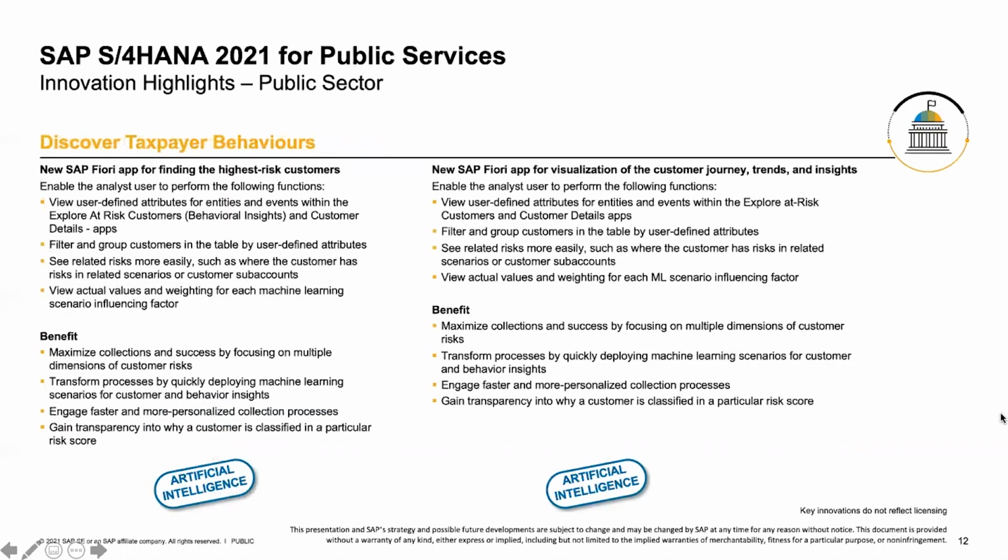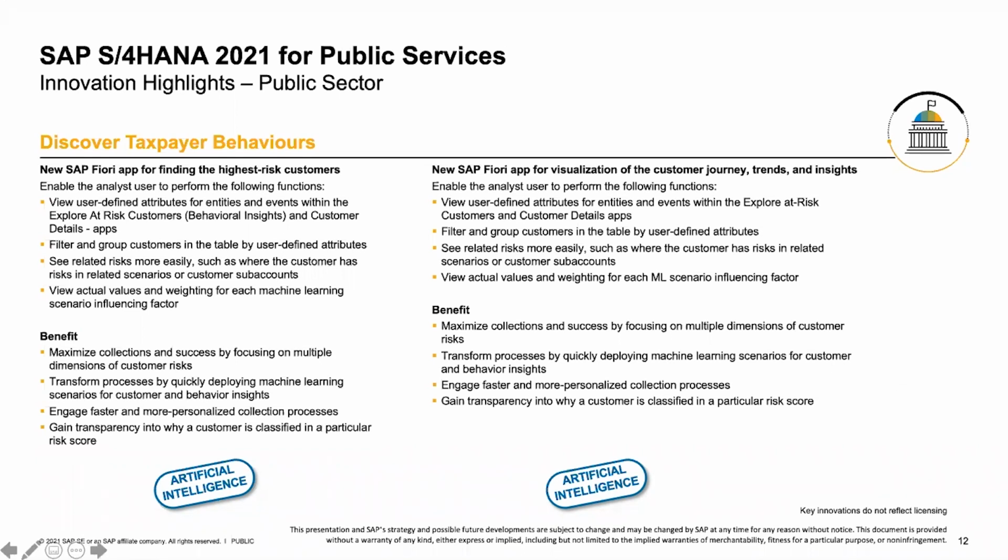And the last example here for artificial intelligence is for the public service industry. Here we bring a new SAP Fiori app for visualization of the customer journey, trends, and insight. Here we transformed processes by quickly deploying machine learning scenarios for customers and gain transparency into why a customer is classified in a particular risk score.